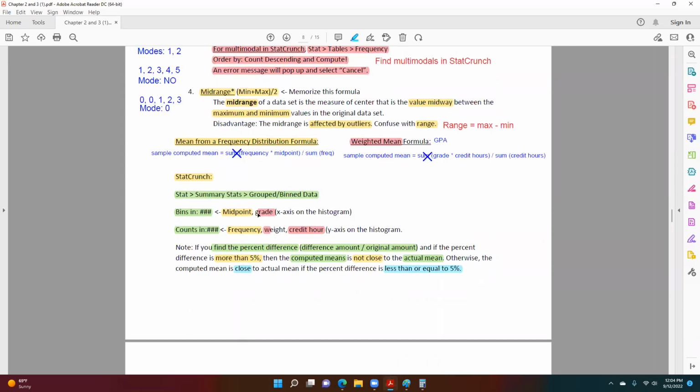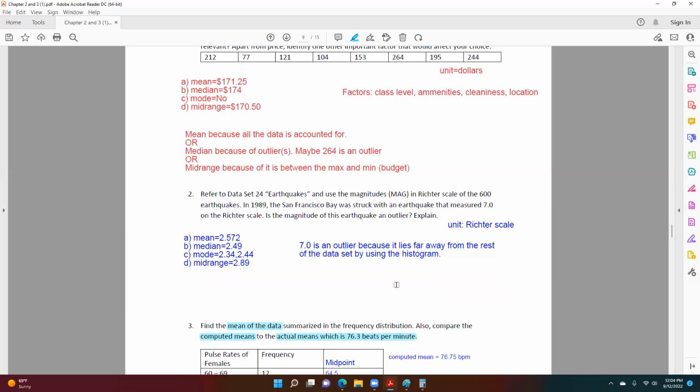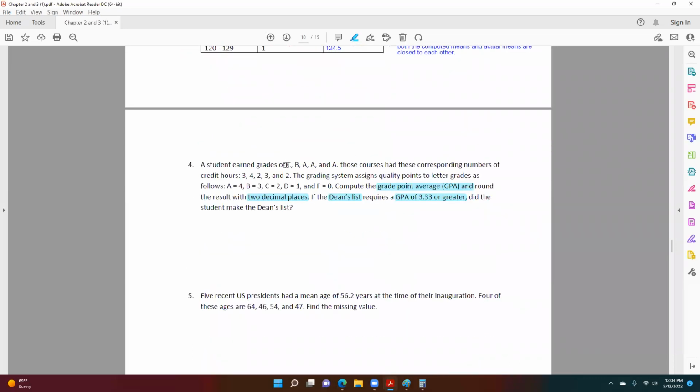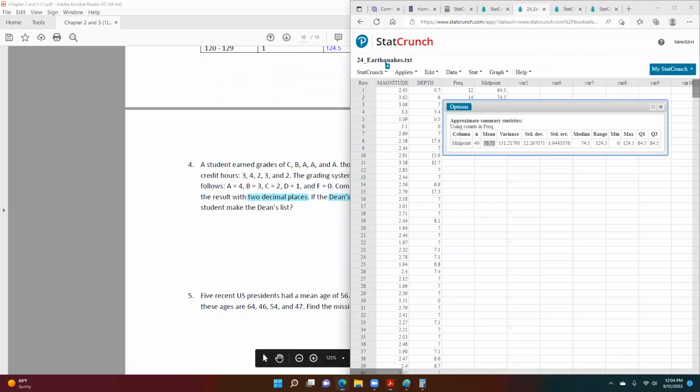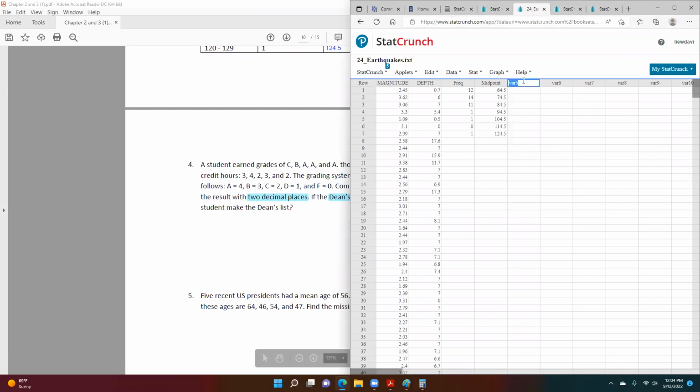So these are the 2 things you need to do when the question wants you to find the GPA: the grade and the credit hours. So this question says that if you earn a C in 3 credit hours, so in StatCrunch, I'm going to do grade and credit hours. Let's put credit in.